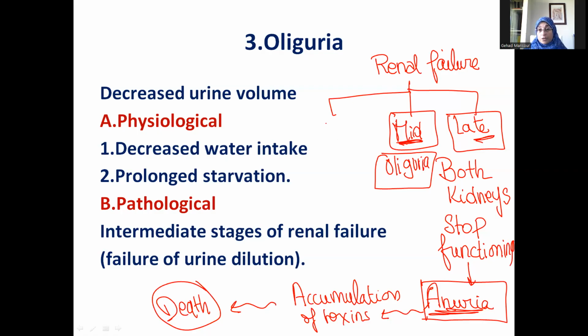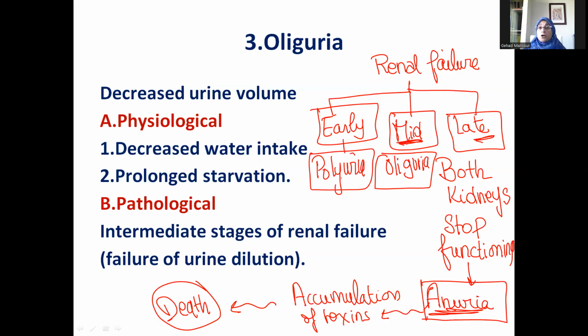And in early stages of renal failure, you have polyuria, large volumes of urine. As I said before, polyuria essentially is large volumes of urine, and this is usually diluted urine. In oliguria, you have small volumes of urine and usually concentrated urine.